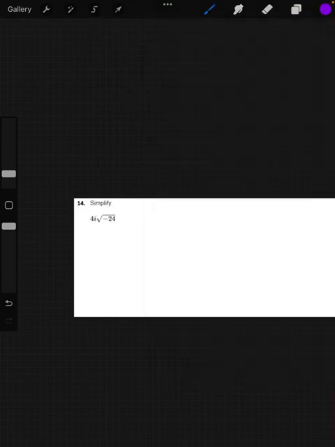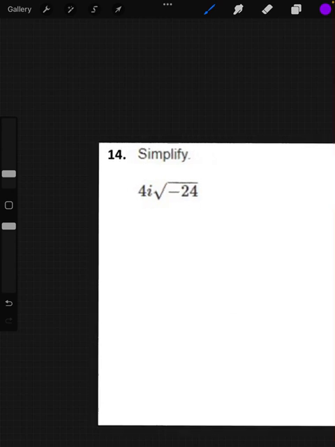Okay, last question. We have to simplify this expression. So, let's ignore the negative for now. 24 is not a perfect square, but we can factor it into 4 and 6, and 4 is a perfect square.